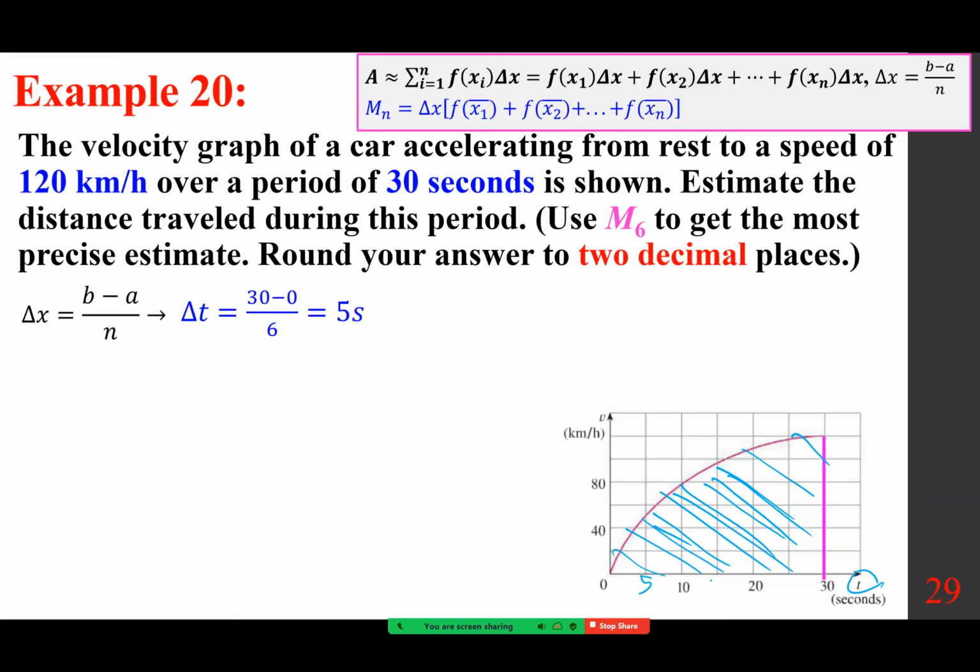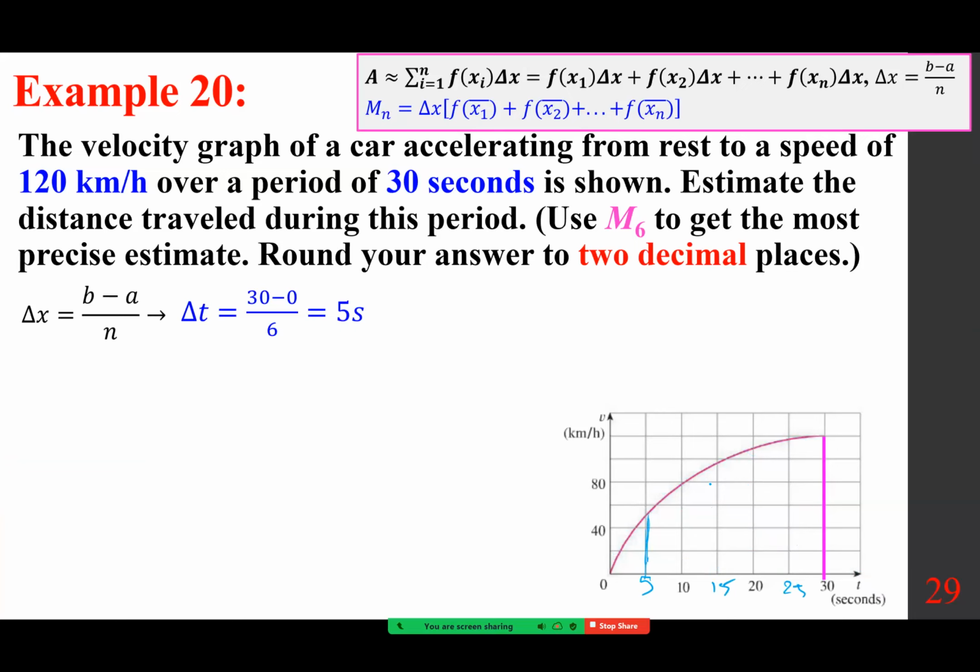So if you go with 5 and 15 and 25 here, so this is 1, 2, 3, 4, 5.